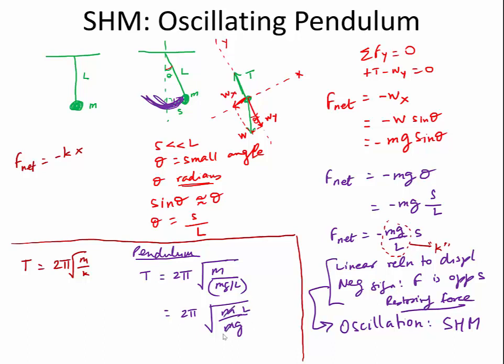The m's cancel, and so I get the expression that T is 2 pi square root of L over g.